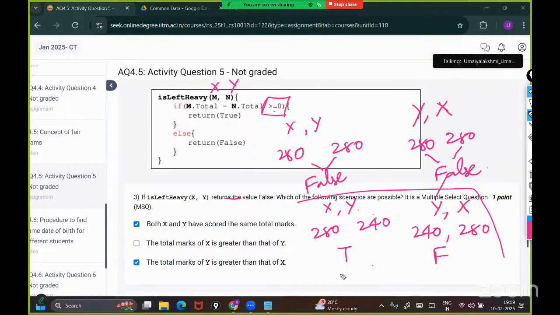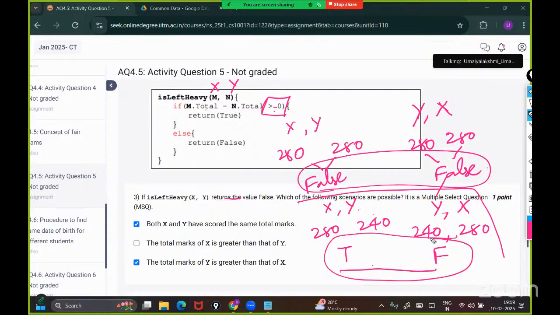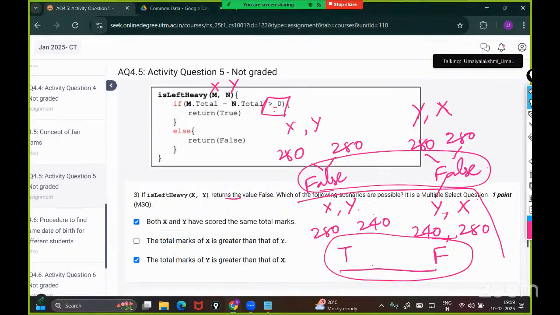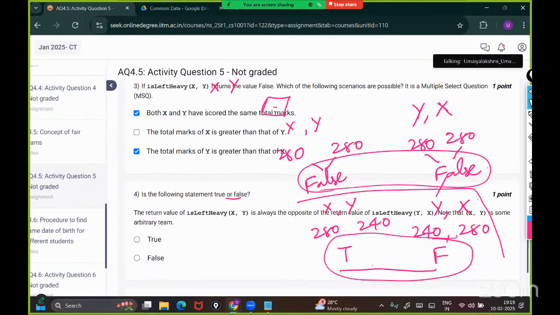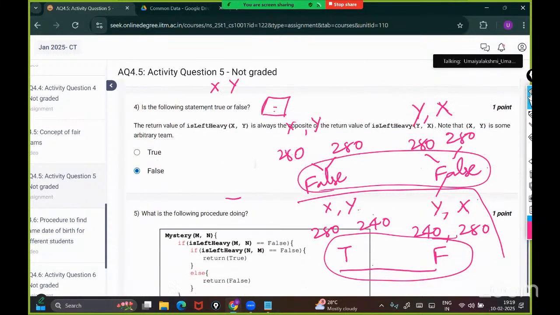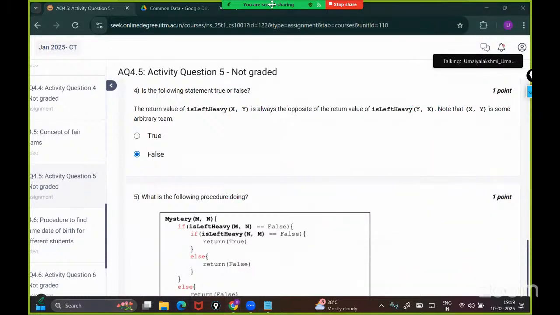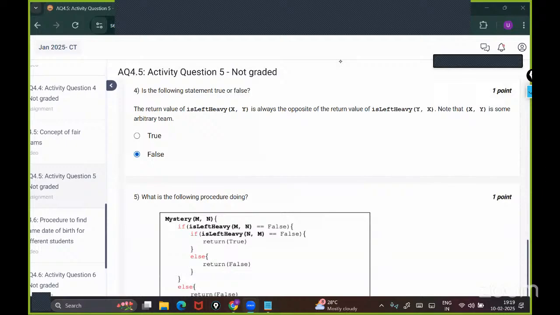So it can be opposite or it can be the same also. So there are two possibilities. Can you understand, people? Yeah, now I understood. So we cannot say it's always. It can be, but it's not always. So here the answer can be false. Is this clear to you all?